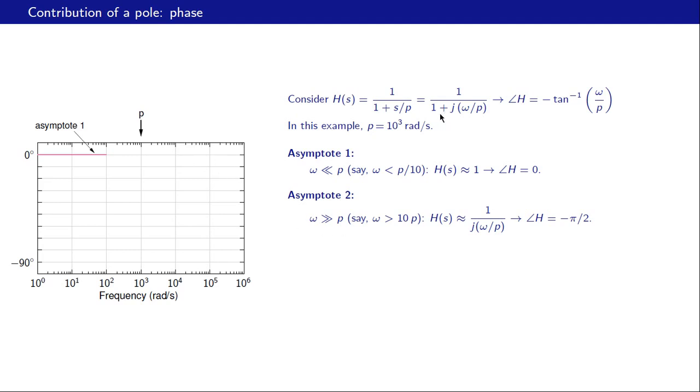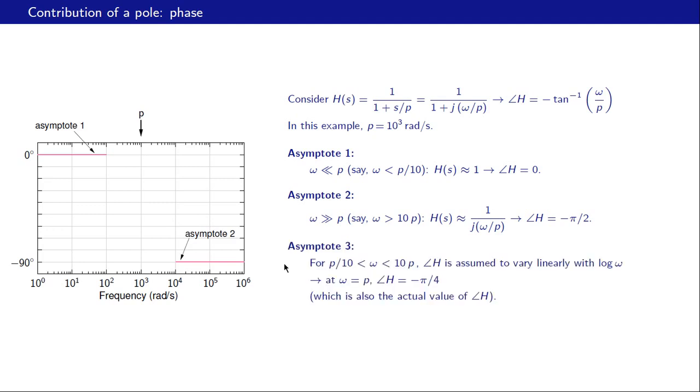This 1 is small compared to omega by p and can be ignored, and therefore h of j omega is approximately 1 over j omega by p, and the phase of this function is simply minus 90 degrees or minus pi by 2, and that gives us the second asymptote. So for omega in this region, the phase is minus 90 degrees, and that is the second asymptote.